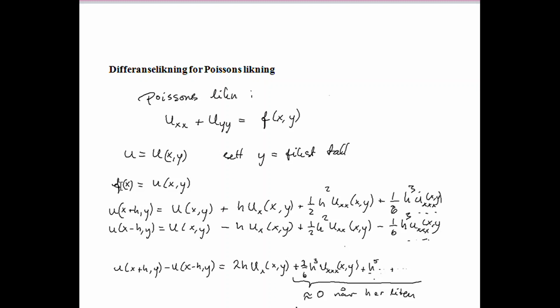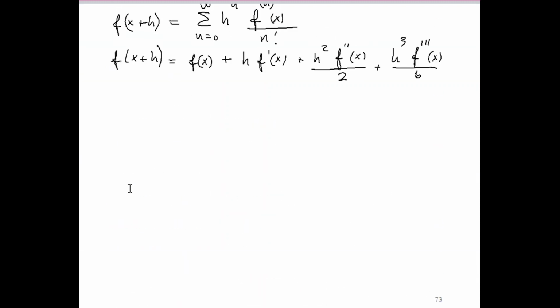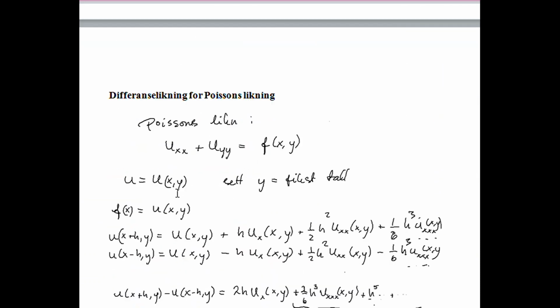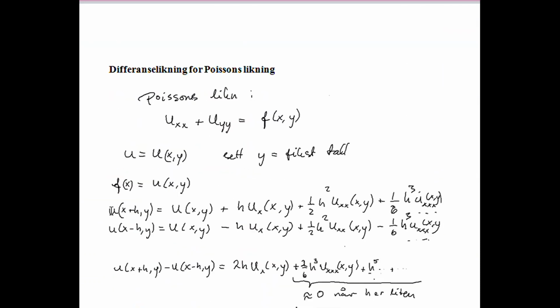Instead of using f of x, which we have done earlier in this series, we now replace it by u of x, y. And replacing it, we certainly get this series. We only have these first 4 terms of the series, so in fact it should be approximately equal to this, not equal.